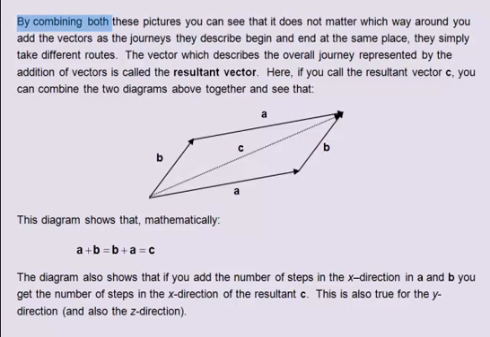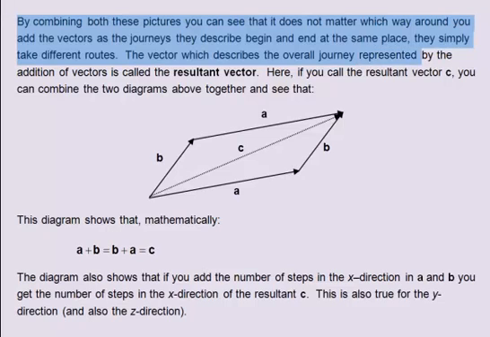By combining both these pictures, you can see that it does not matter which way around you add the vectors, as the journeys they describe begin and end at the same place. They simply take different routes. The vector which describes the overall journey, represented by the addition of vectors, is called the resultant vector.